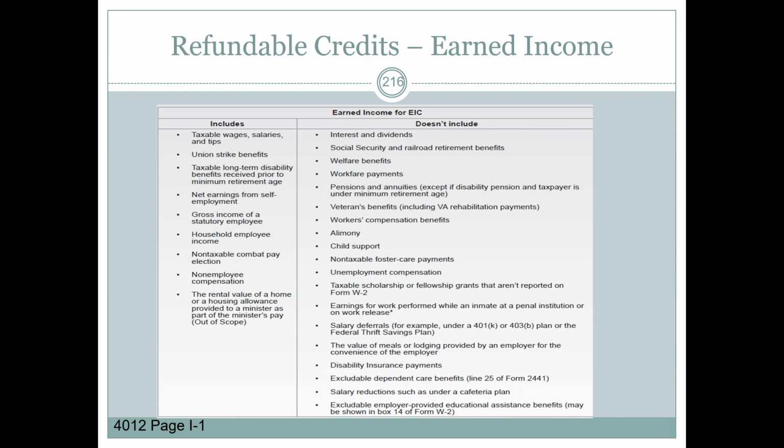When we talk about income that does not qualify for the earned income credit, we're talking about such things as interest and dividends, Social Security benefits, welfare benefits, alimony, child support, unemployment compensation.